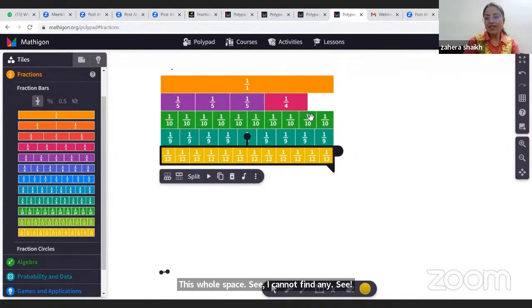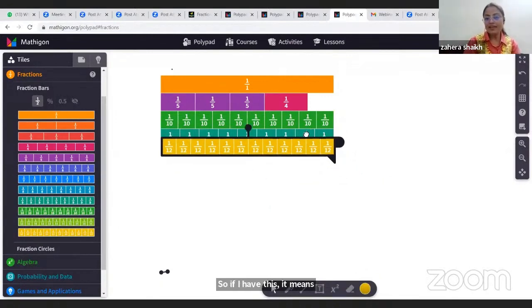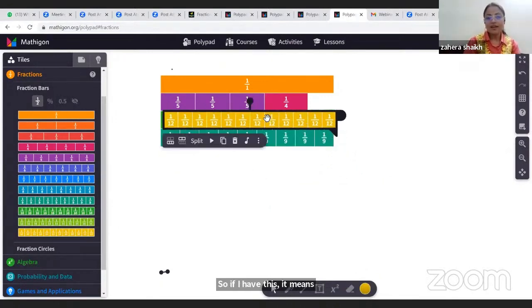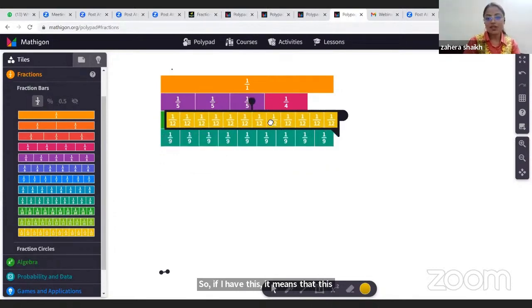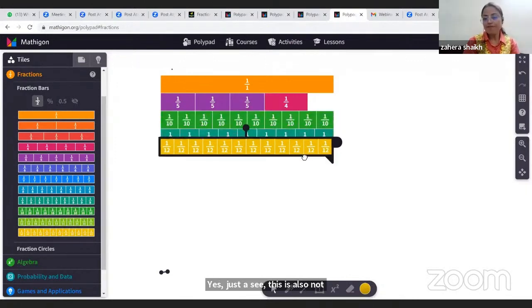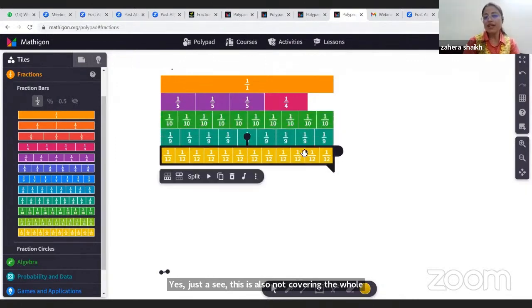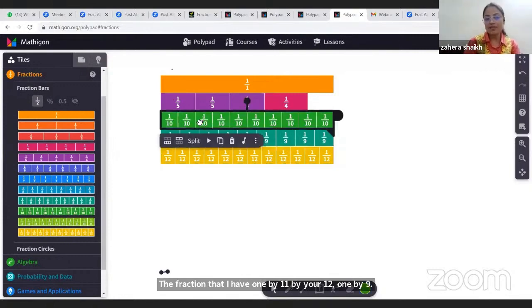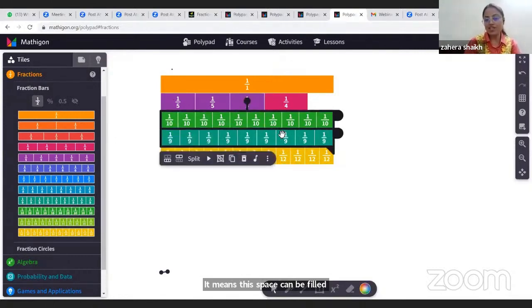See, this is also not covering the whole part. It means the fraction that I need is much smaller than the fractions I have, right? The fractions that I have, 1/10, 1/12, 1/9, mean this space can be filled by some other smaller fraction tile.